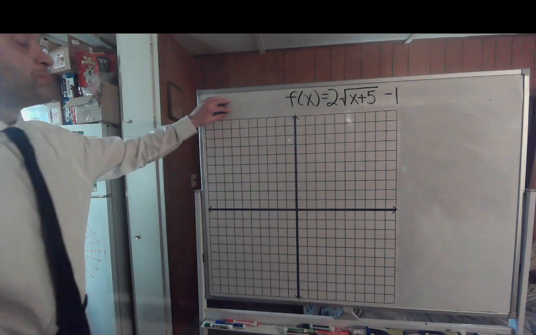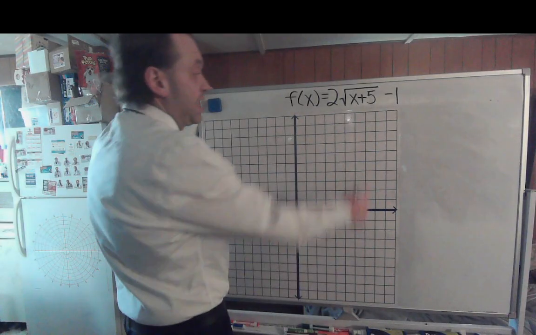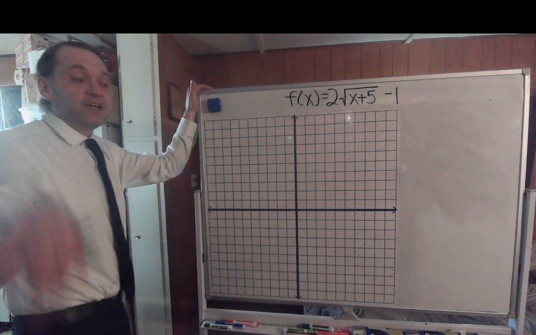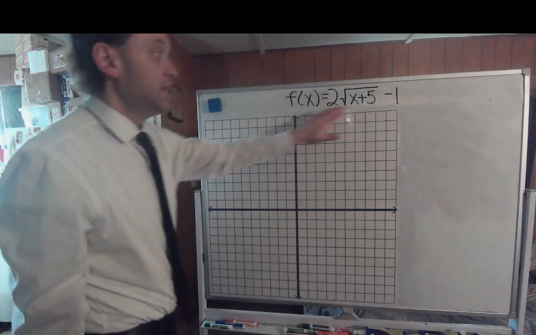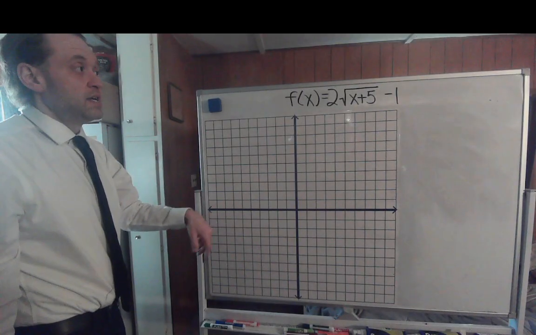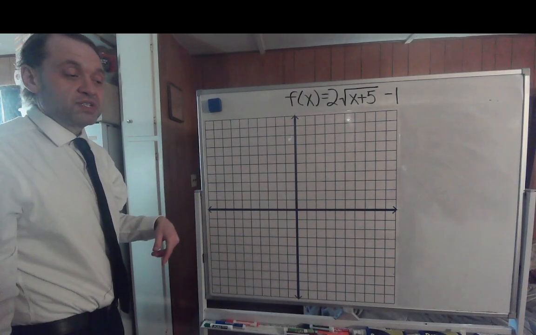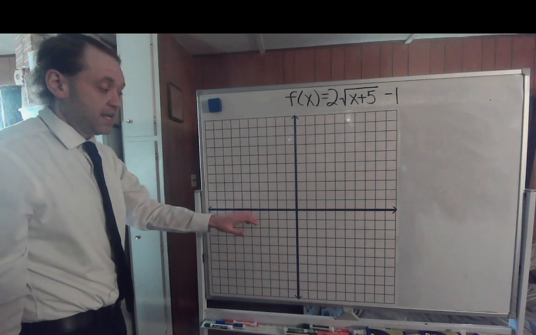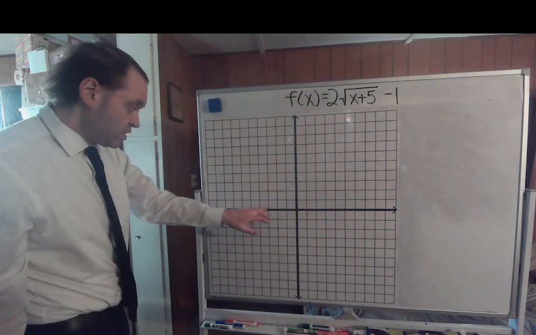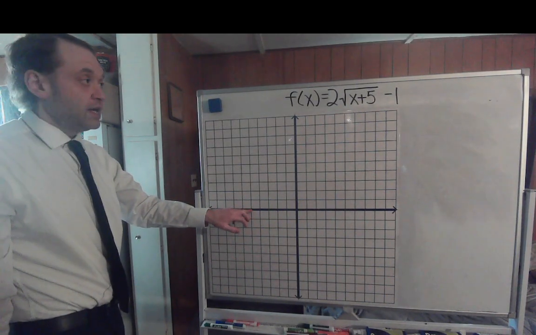Now, I have x plus 5 inside of the square root, which means I'm going to shift the square root to the left 5 units. If you set x plus 5 equal to 0, that gives me the fact then that x would start at negative 5, which would be all the way over here.